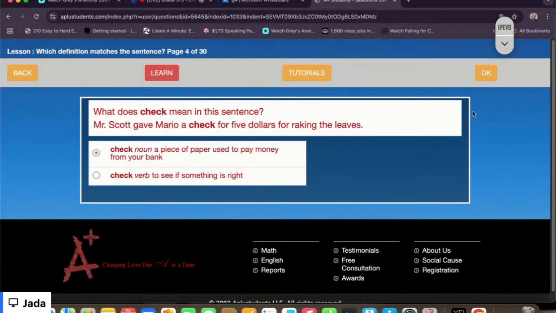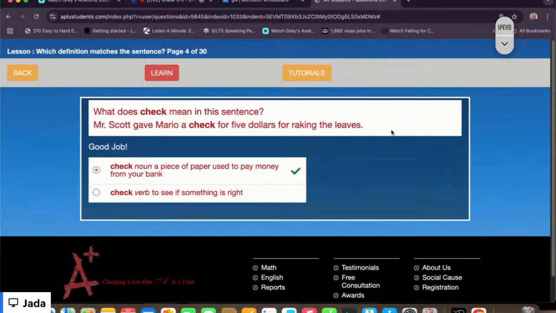All right, so we have a piece of paper used to pay money, the noun.